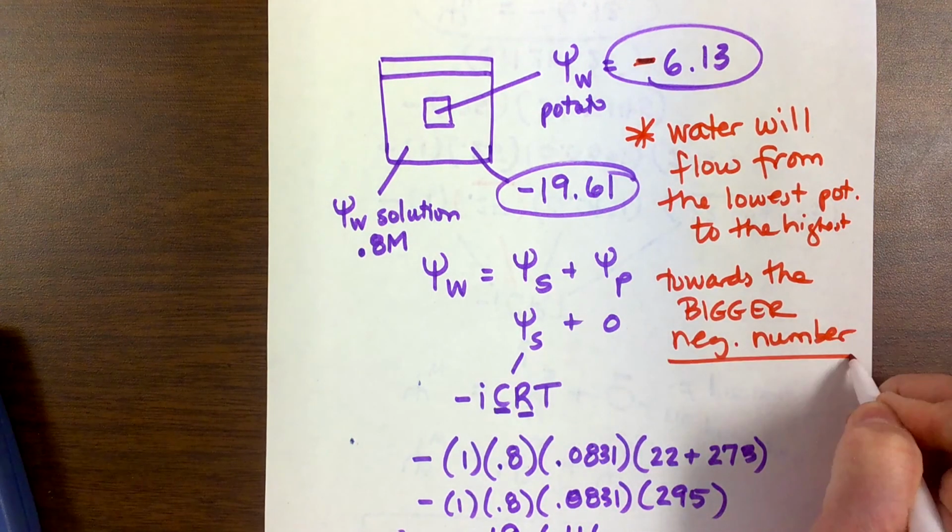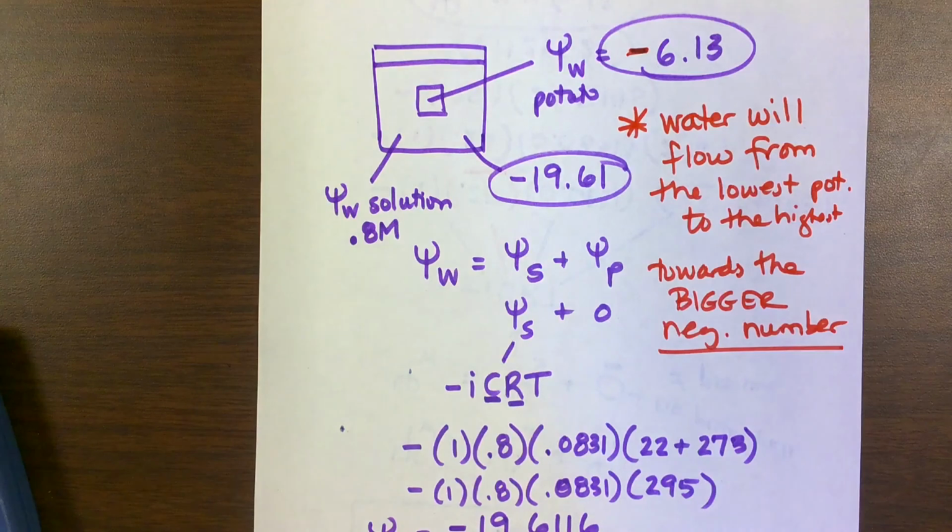Okay? So it goes towards the bigger negative number. So in this situation, the potato is negative 6.13 water potential. The solution is negative 19.61.